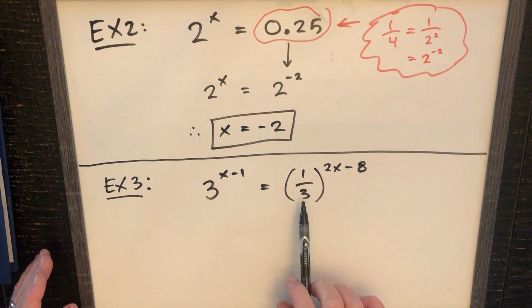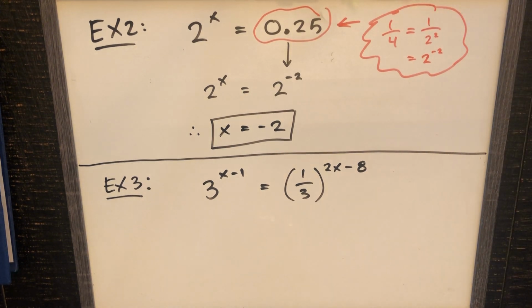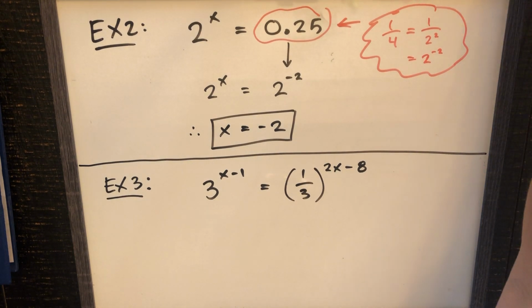So you see, the bases are similar, but not exactly the same yet. So we might need a little bit of manipulation in order to make these bases come out to be the same.